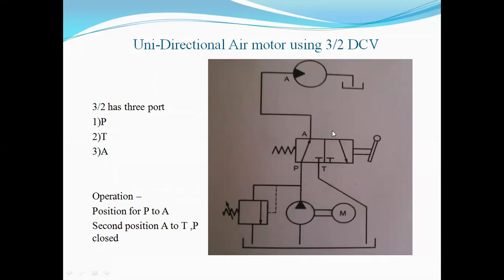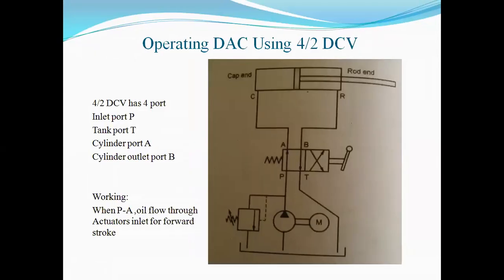For that purpose, instead of a 4x2 direction control, we use a 3x2 direction control in a single acting actuator. When we have to complete its retraction stroke also, then simply we use a 4x2 direction control as shown in this figure.